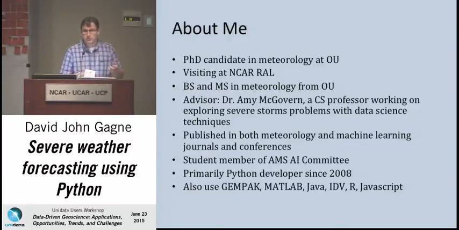I've published in both meteorology and machine learning journals and conferences, so I've worked both sides of the area and learned to speak both languages in a way. I've also served as a student member of the AMS AI committee and have been primarily a Python developer since about 2008, but I've also used GEMPAK, MATLAB, Java, IDV, R, and JavaScript extensively. So I'm familiar with the general ecosystem that meteorologists are working in software-wise.